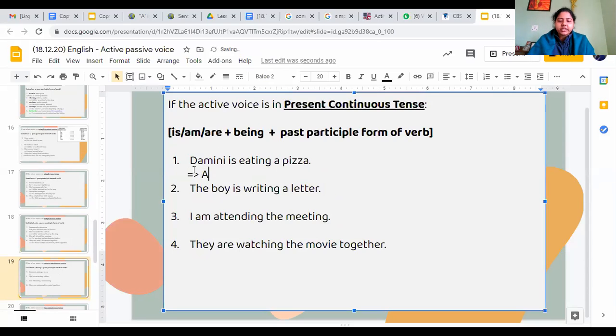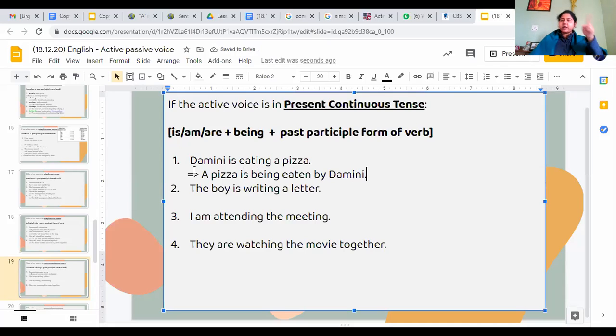Now again, my object is a pizza, तो वो सामने आ गया. Pizza, अब is, am, are में से this is singular, so is लग गया. Plus being लगा दिया. A pizza is being. Now eating का third form हो गया eaten, and then by, and Damini will remain the same because it is a proper noun.